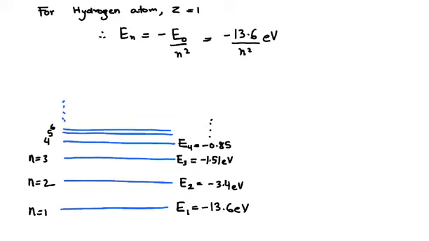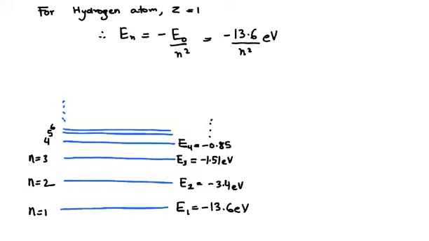Now if I start drawing these energy levels, I get E1, which is the smallest or lowest energy level for n equals 1. So you can keep calculating the energies of different levels for different values of n. Notice that these values are for the hydrogen atom, for which Z is equal to 1.